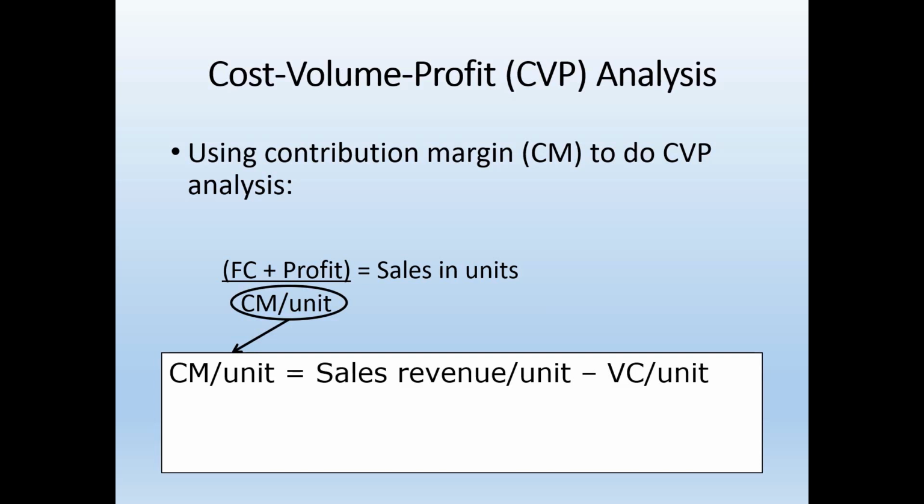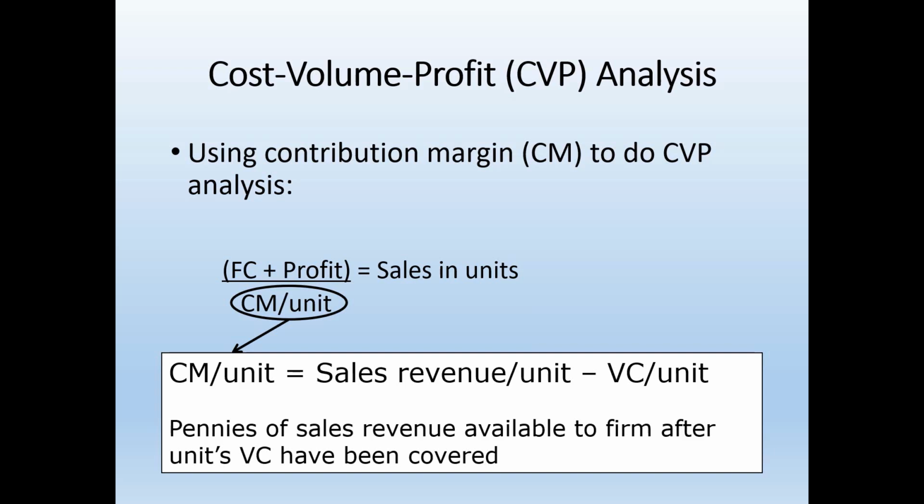Contribution margin per unit, we already said, is sales revenue per unit minus variable costs per unit. In other words, it's telling us how many pennies of sales revenue are available to the firm once the variable costs of that unit have been covered.